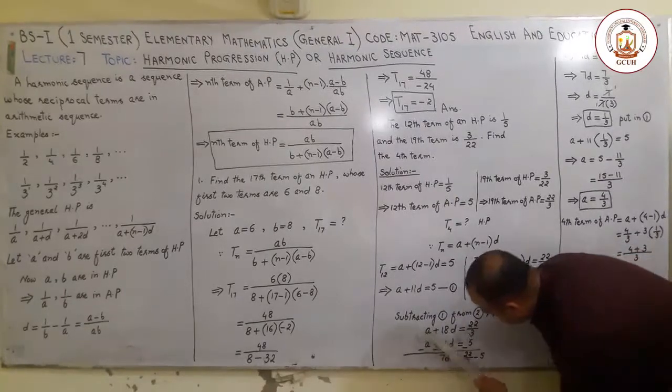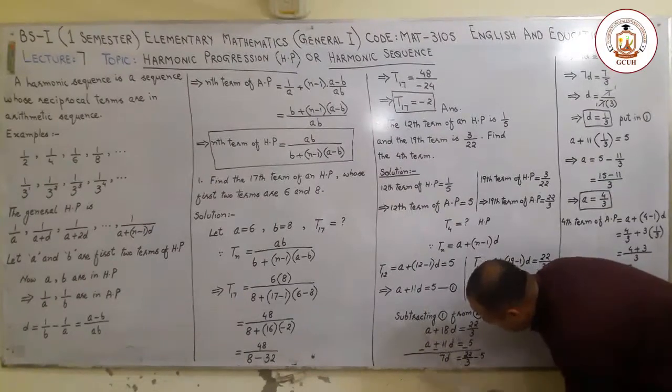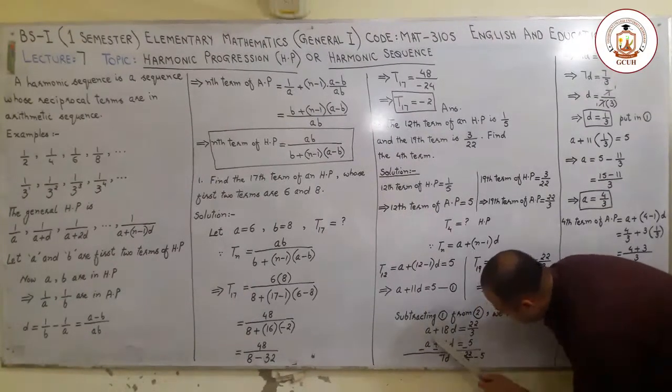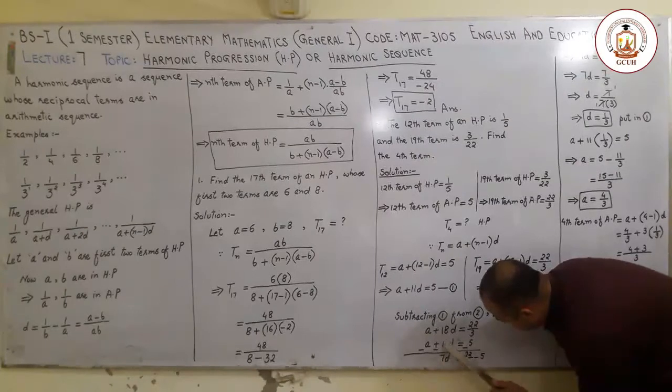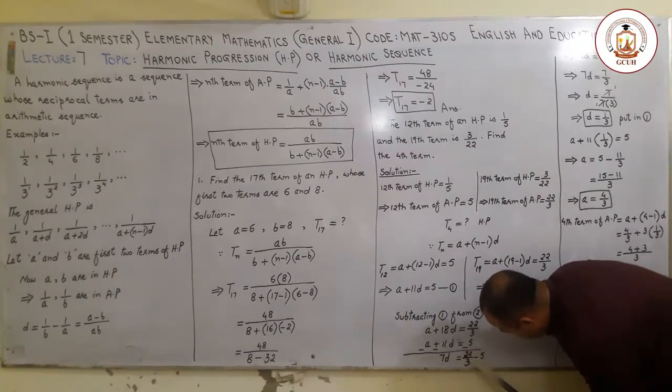Now we simplify. Plus A minus A will cancel. Here 18 minus 11 is 7, so 7D. Now plus 22 upon 3 is written here. Then after this we have minus 5 here.